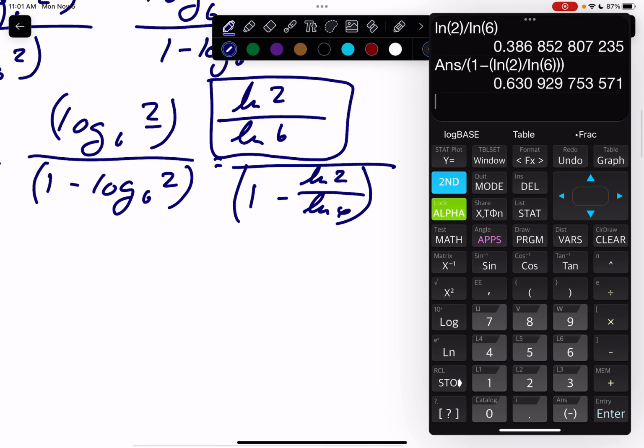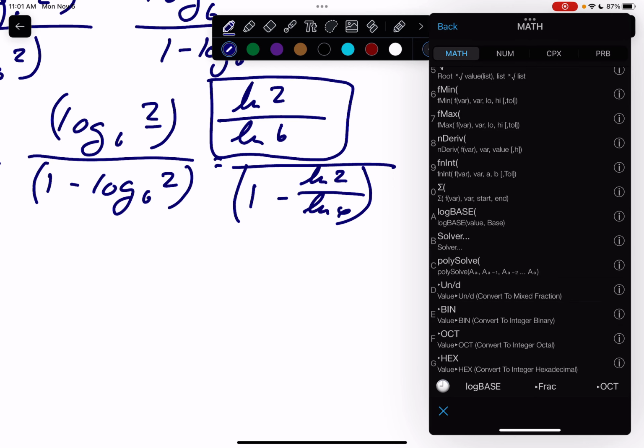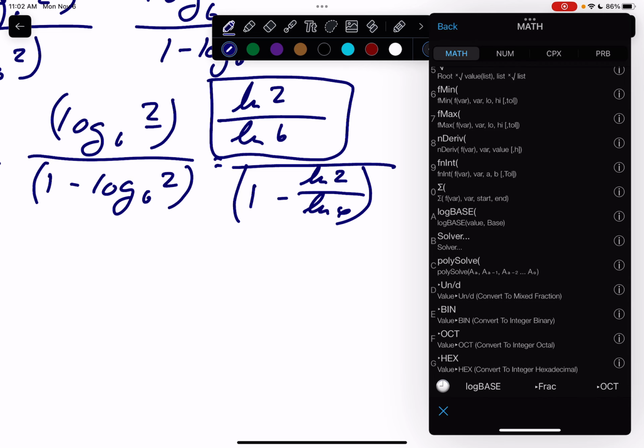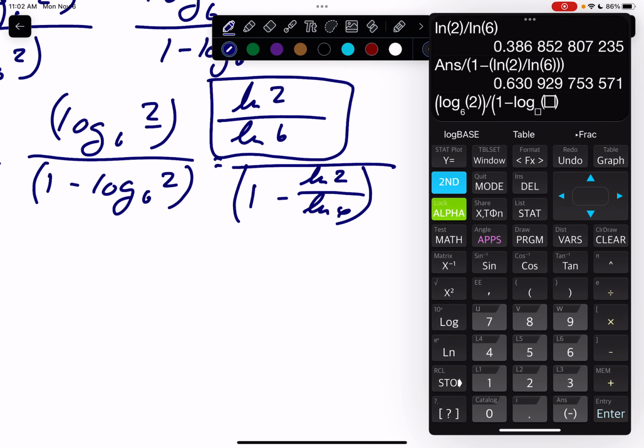It should give me the same thing as log base 6 of 2. I'll put that into parentheses, just in case, divided by 1 minus log base 6 of 2.